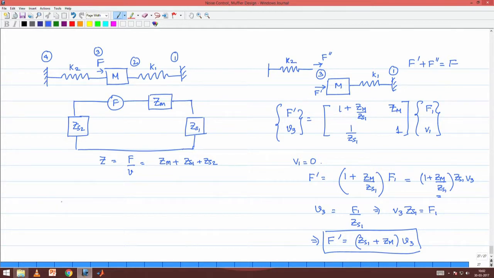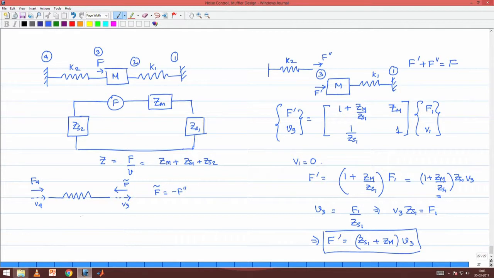Now, for the right half of the system. In the right half we go back to the first principle, this is just a spring and this is station 4. As per our convention, we have to take the forces in this fashion. This is F4 and this is F tilde, which is the negative of F double prime, and the velocities as per our convention are always directed in the positive sense. So, this is V4 and this is V3, right.